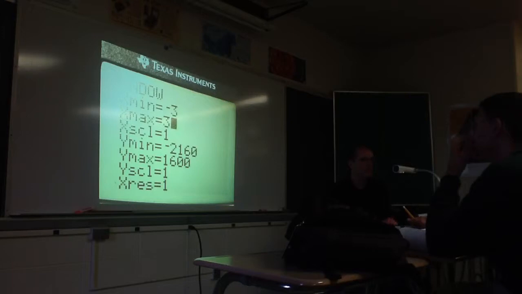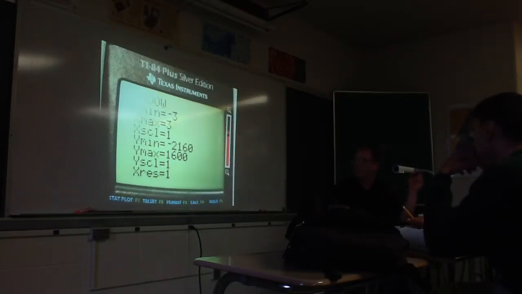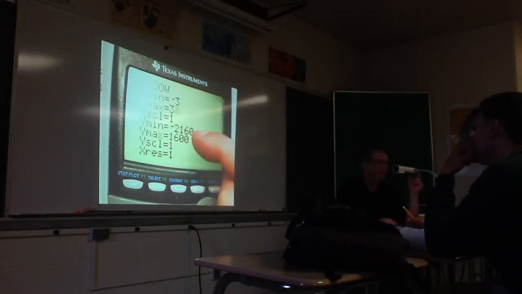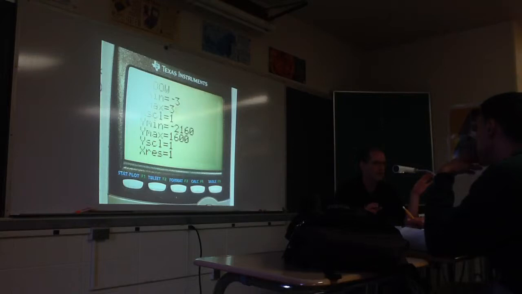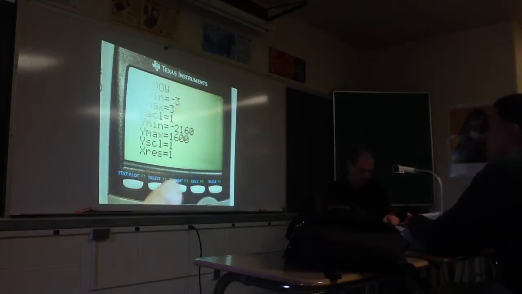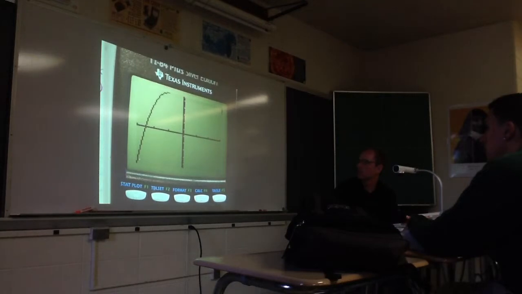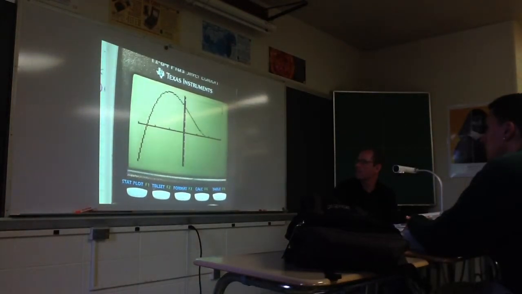Do you guys understand zoom fit? Does anybody not? Alright, we're going to talk about it. Before these were negative 10 and 10, it just will fit the graph. It won't change the x values. It keeps those the same and then fits the graph into the viewing window. So now I'm narrowing it up, I'm going to do zoom fit again, and it'll just fit the graph in. What's the number you press? You press zoom 0.